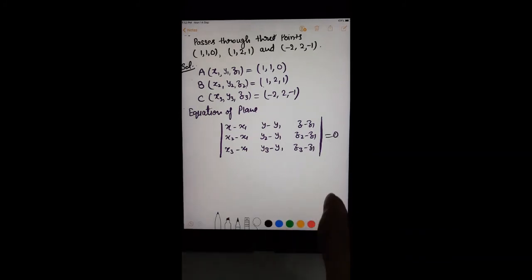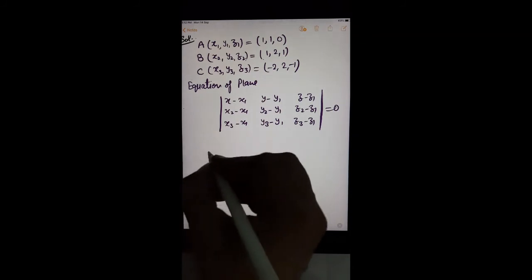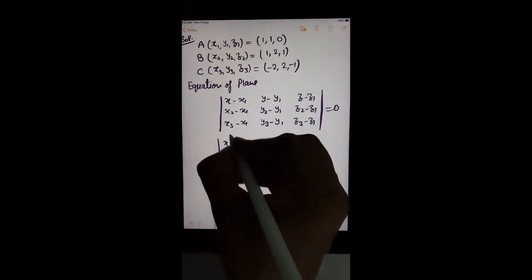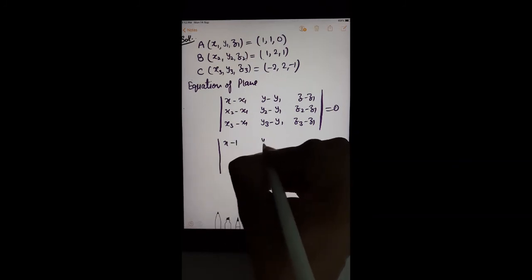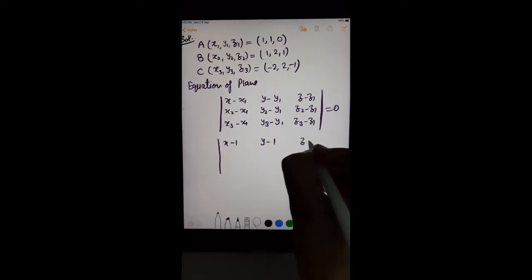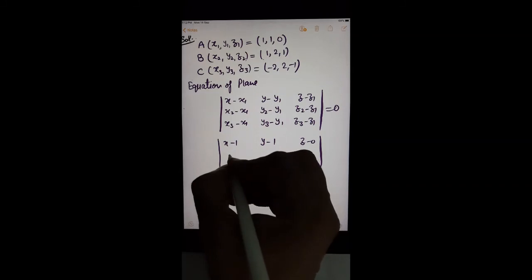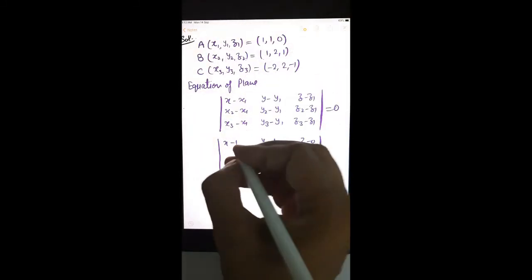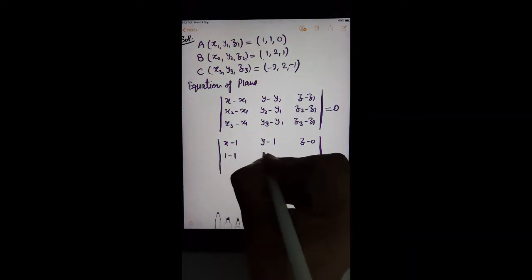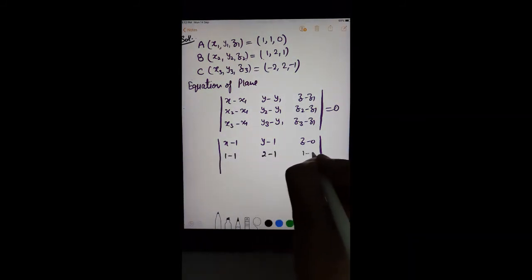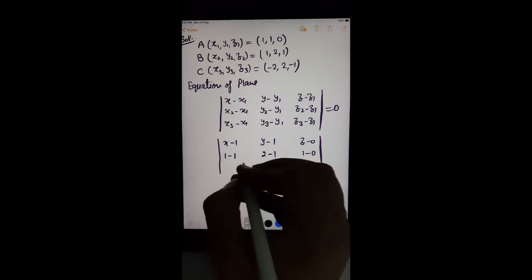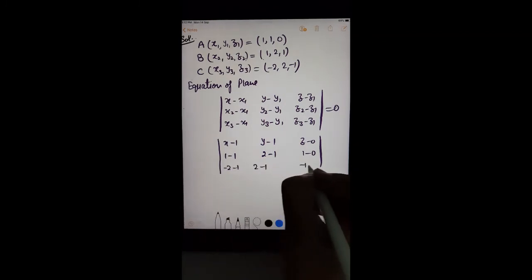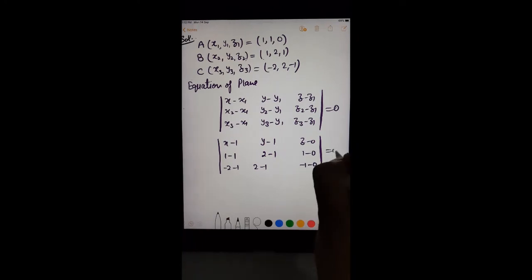So place the values here and simplify. x minus x1, that is x minus 1, y minus 1 and z minus 0. Now x2 minus x1 we can write 1 minus 1, that is 0, 2 minus 1 and 1 minus 0. Now x3 minus x1, that is -2 minus 1, 2 minus 1 and -1 minus 0. It is equal to 0.